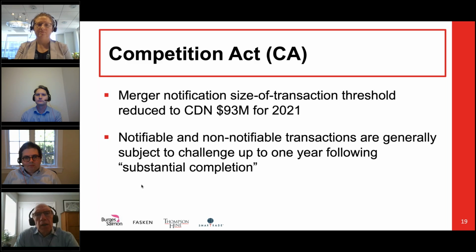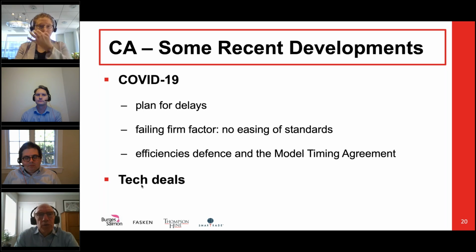A couple of other categories of points. First, some more COVID, if you haven't had enough of COVID. At the front end of the pandemic, the Commissioner of Competition urged merging parties to plan for delays, expect delays, and that the Competition Bureau would not meet the customary service standards.